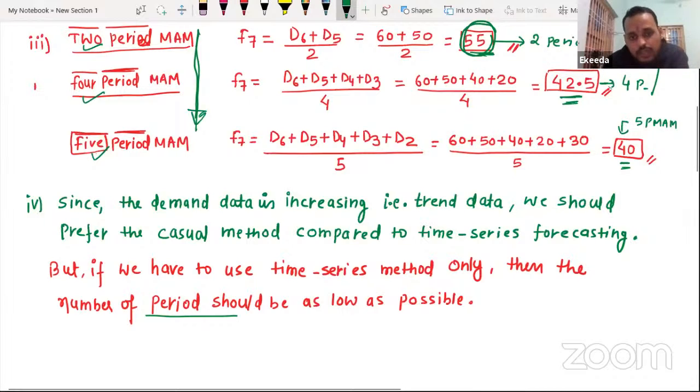The number of periods should be as low as possible, because we can see that as the number of periods is low, for 2 periods it is 55, for 4 periods it is decreasing, and for the 5th period it is least.